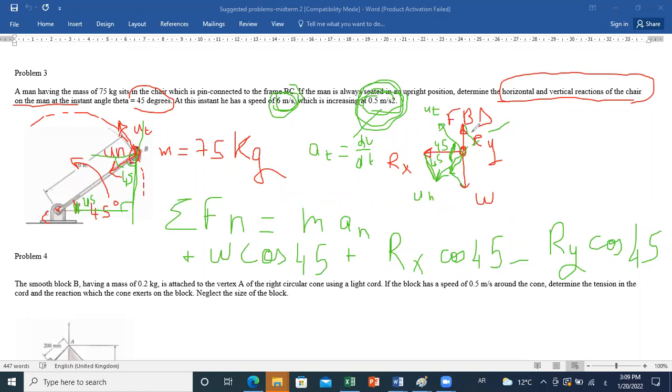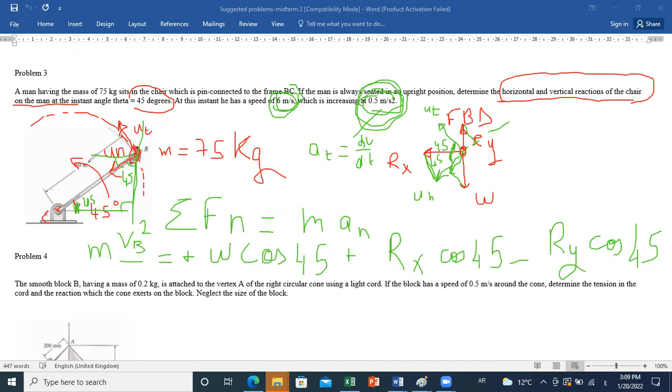Okay. Thank you. Welcome. So sum of n equals man, and you know that an is the velocity square, at point B, so VB square over the radius.